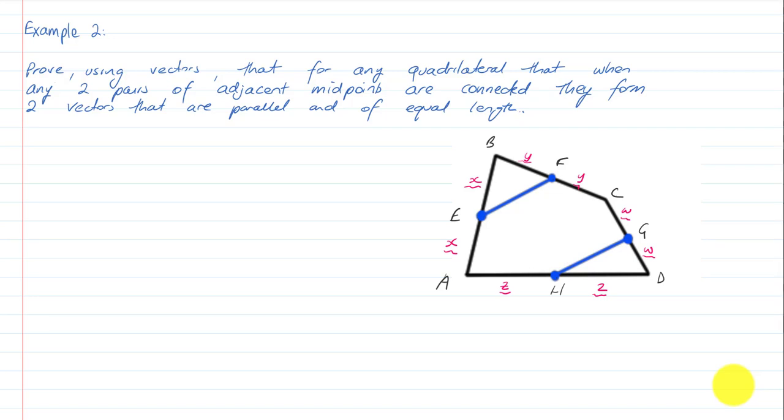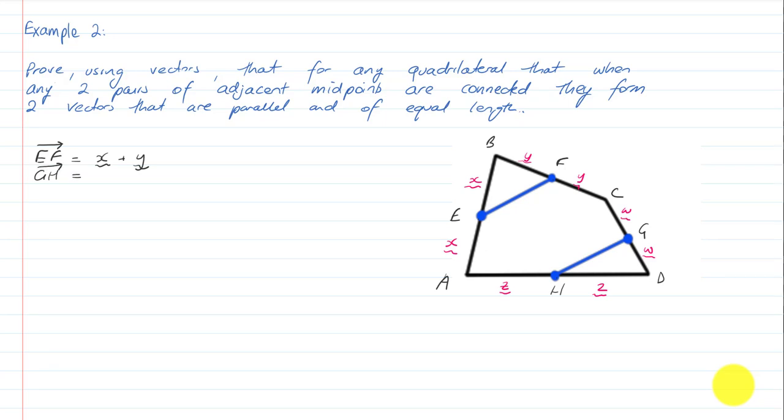Okay, so let's go through and do some definitions of key information. EF is equal to X plus Y. Hopefully you can see that. And we want to show that it's equivalent to GH. So GH, that's going to be funny.